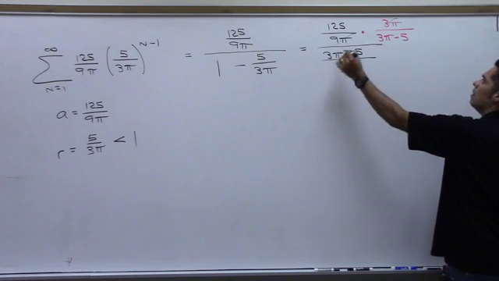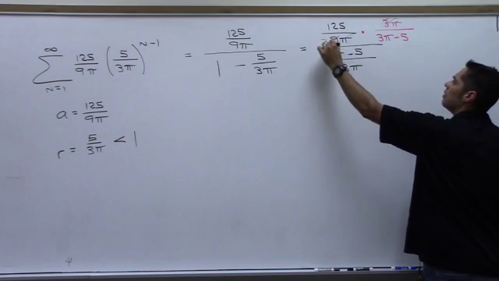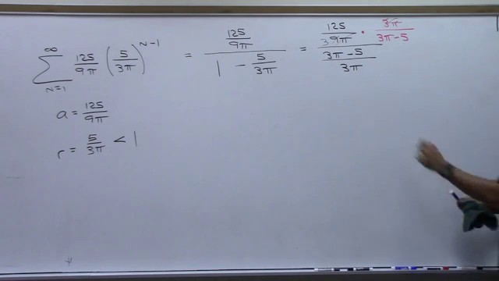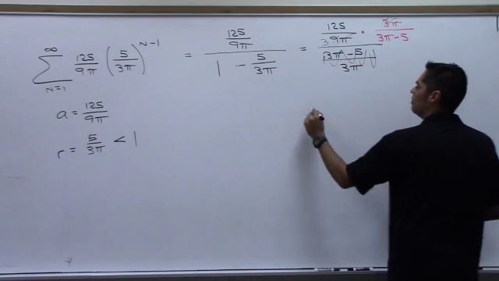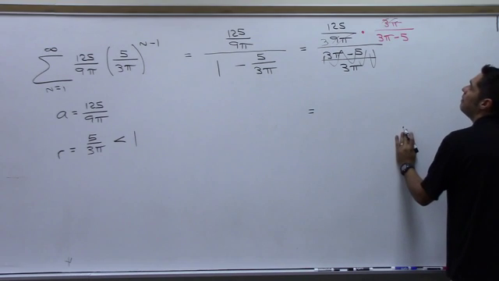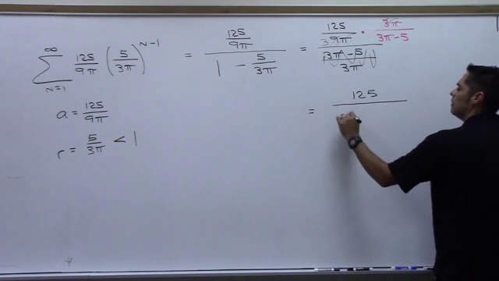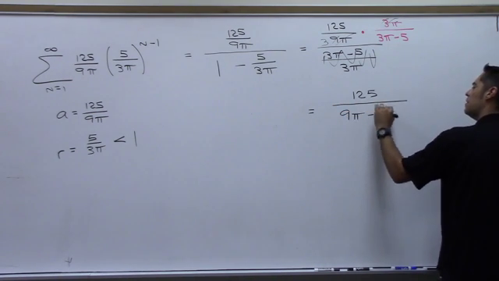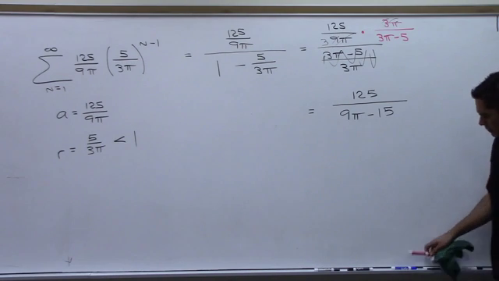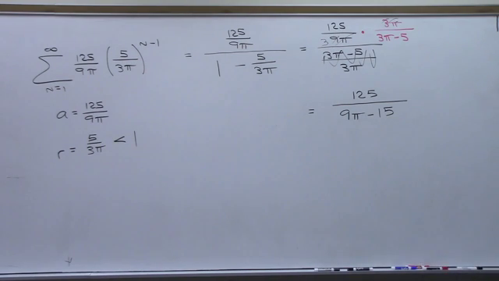And the pi's cancel, the 3's reduce. Y'all following me? Okay. This is gone, so what do we have? 125 over 9 pi minus 15. That looks right. Whatever that is, 9.41 something. All right. Good.